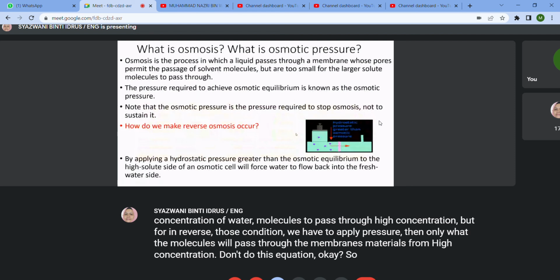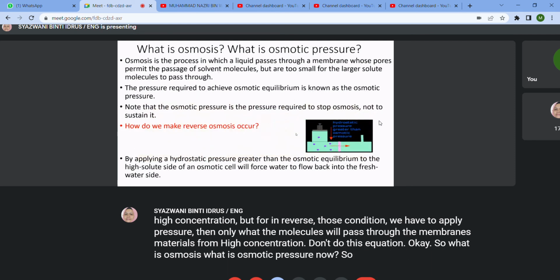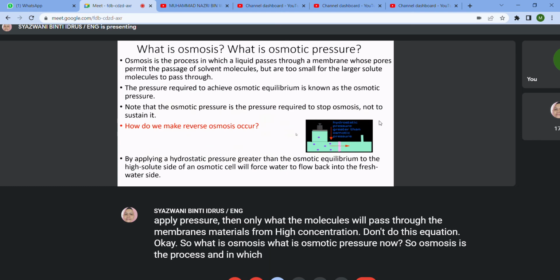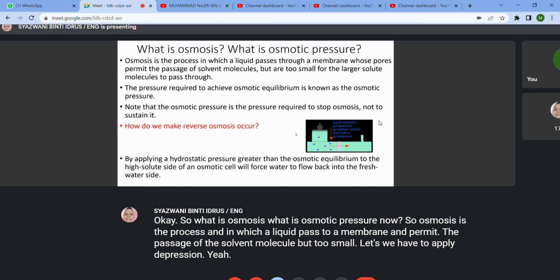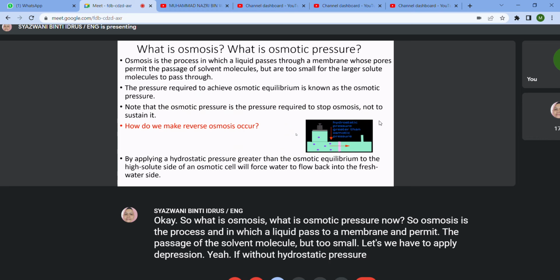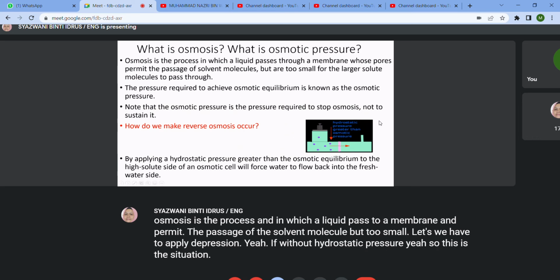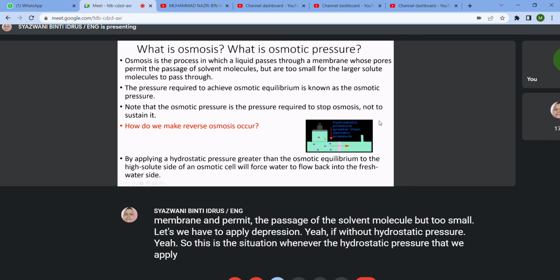So what is osmosis? What is osmotic pressure? Osmosis is the process in which a liquid passes through a membrane and permits the passage of the solvent molecules, but not the solute, which is too small. That's why we have to apply the pressure. This is the situation whenever the hydrostatic pressure that we apply is greater than the osmotic pressure.